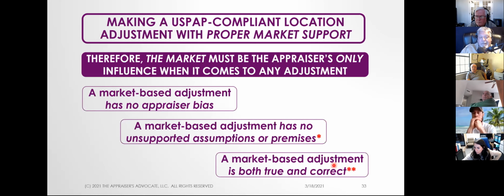And then a market-based adjustment is both true and correct, which is out of the certification standard, which is Standard Rule 2-3. So when we sign the certification, we say, I followed USPAP in arriving at my value conclusion, and I followed USPAP in reporting my value conclusion, meaning there are no unsupported assumptions or premises in the appraisal. Any questions on that?